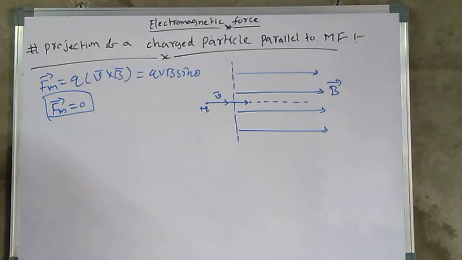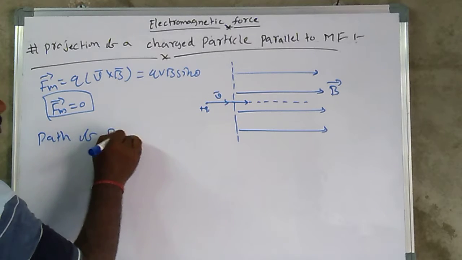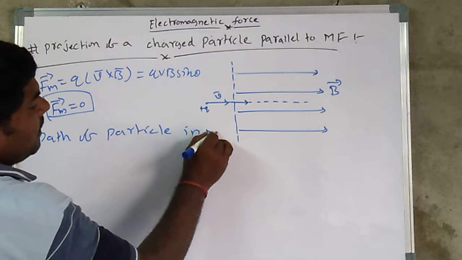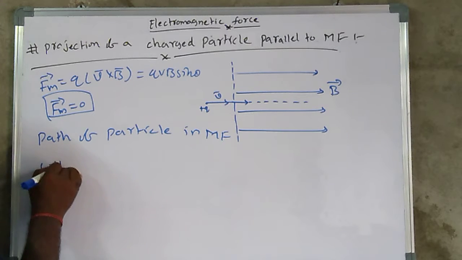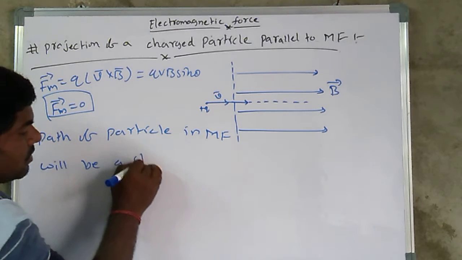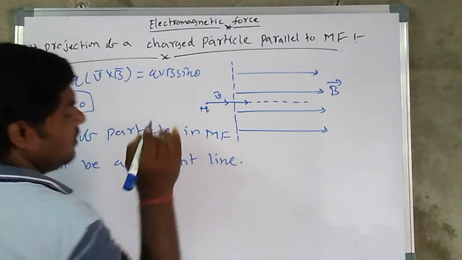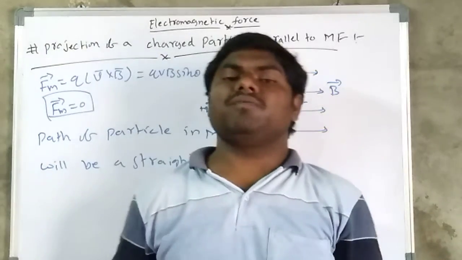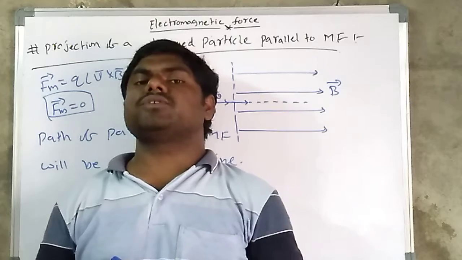So the charge moving parallel to the magnetic field has zero force.